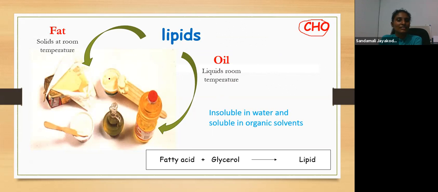And here you can see margarine, butter and all those things, they are fats because they are solid at room temperature. Room temperature means just 25 degrees Celsius. But when we hold butter in our hand it melts a little because our body temperature is higher than room temperature, but it is solid at room temperature.